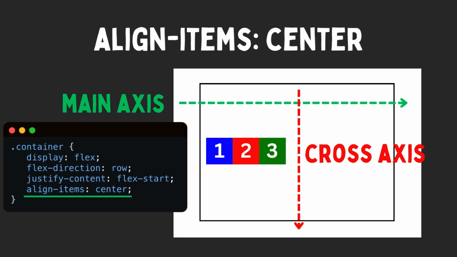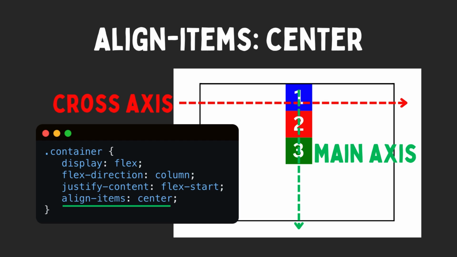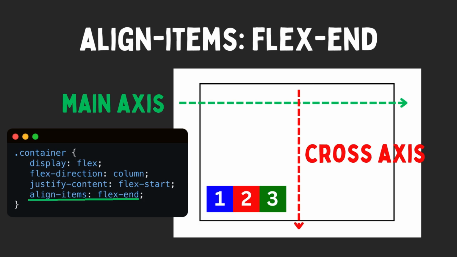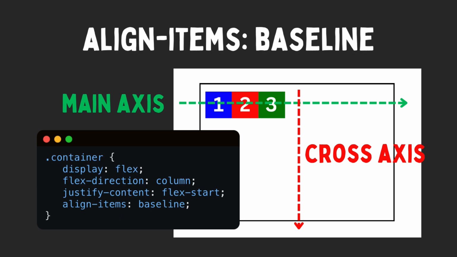This is great for centering things vertically or horizontally, depending on your layout. For alignment at the end of the cross axes, use align items flex end. And if you want items to align based on their text baselines, you can use align items baseline.